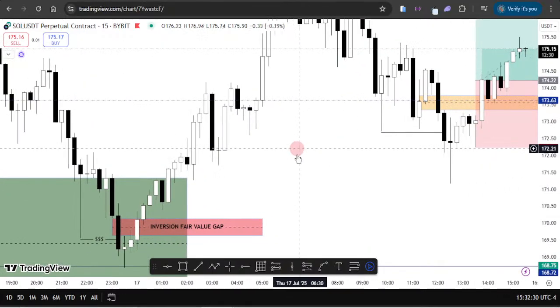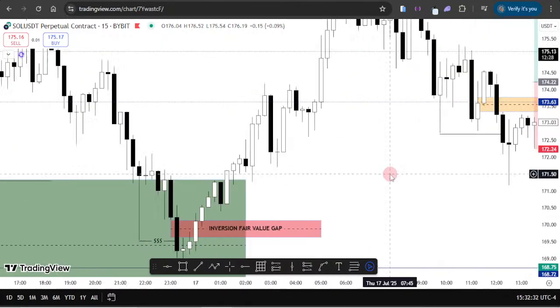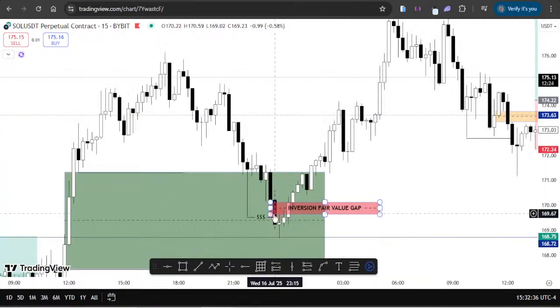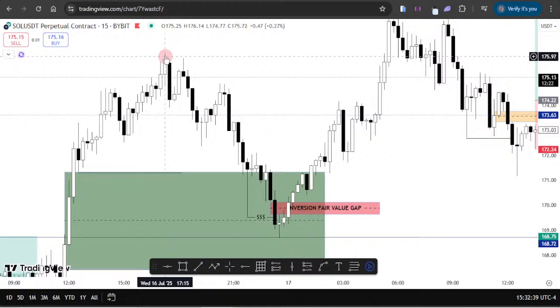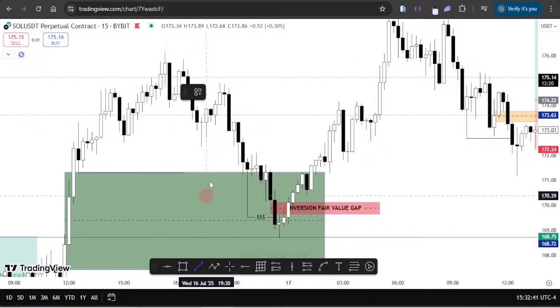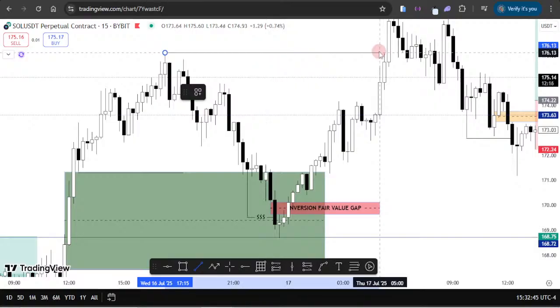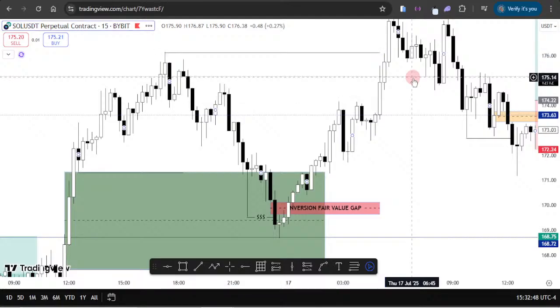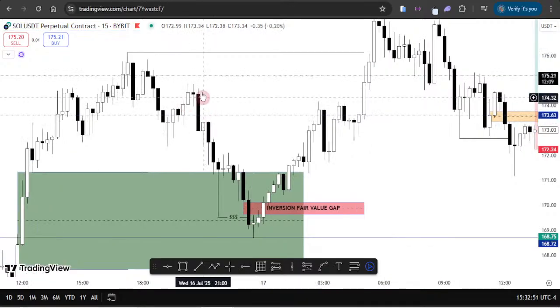Do we see once price was tapped into this origin, we have a relative equal high here. Yes, we have a relative equal high here. Why?